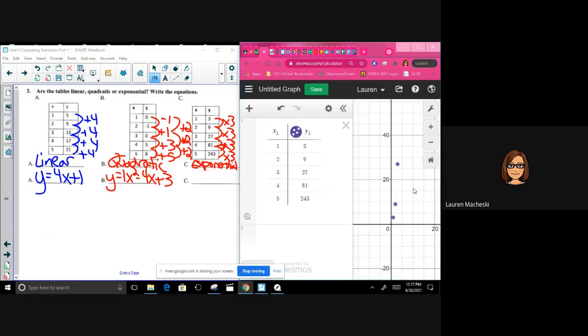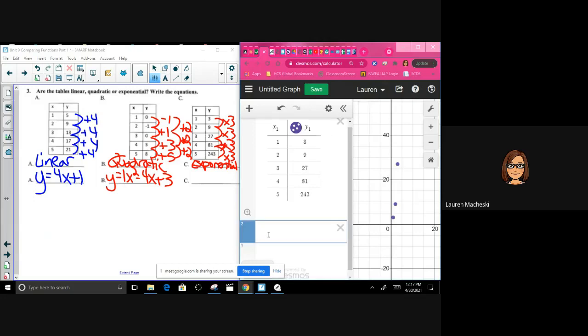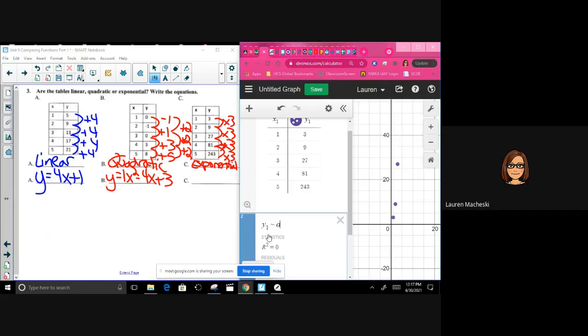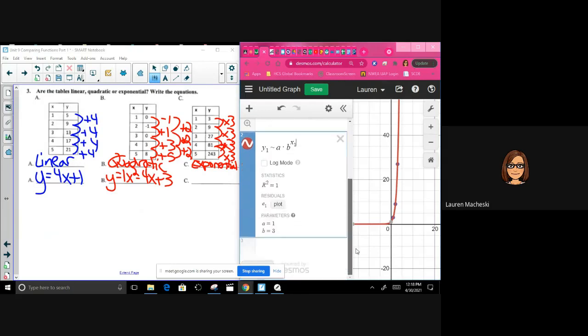It's just the graph makes it a little harder. So for an exponential, remember that's y1 squiggly a times b raised to the x1 power. And it makes your exponential line. You got your a and your b, so write your equation. So y equals 1 times 3 to the x power.